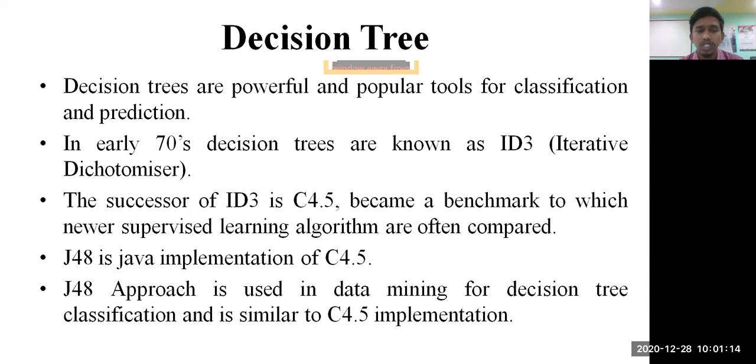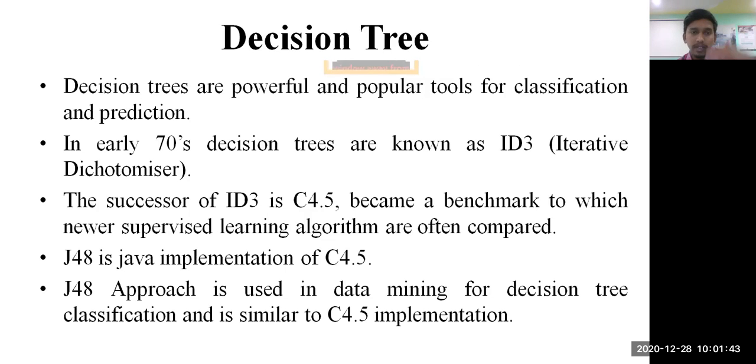Initially the decision tree was developed in the early 70s. At that time it was known as the ID3 algorithm. In decision tree classification, there are different types of decision trees. The first among them was ID3, which stands for Iterative Dichotomiser. After that, there were some problems in decision making with the ID3 algorithm, and the next successor of ID3 is C4.5, which became a benchmark to which newer supervised learning algorithms are often compared.